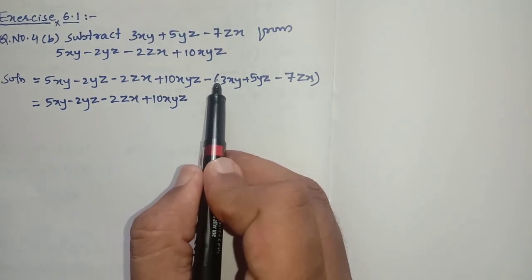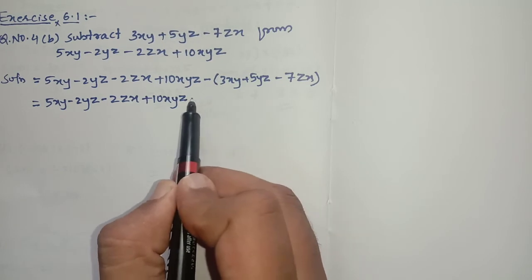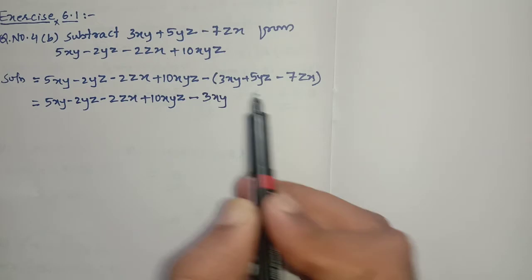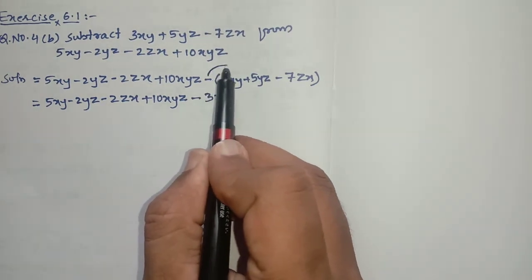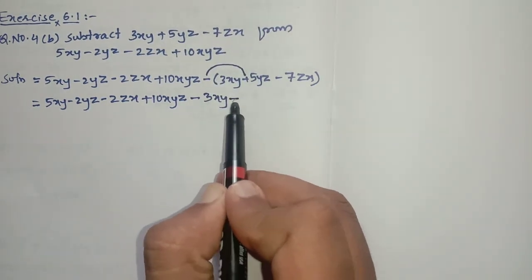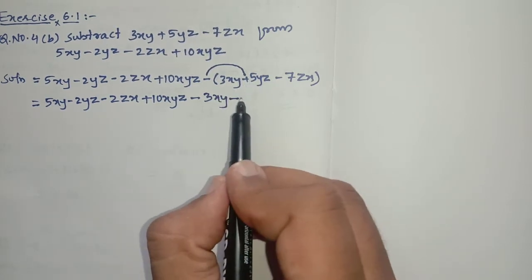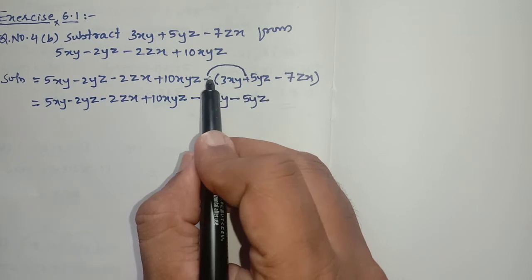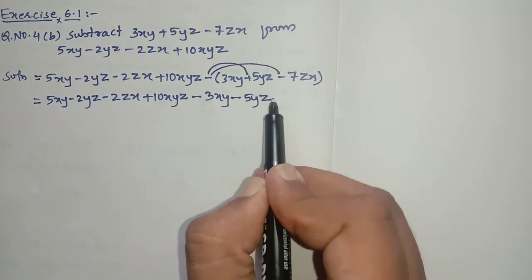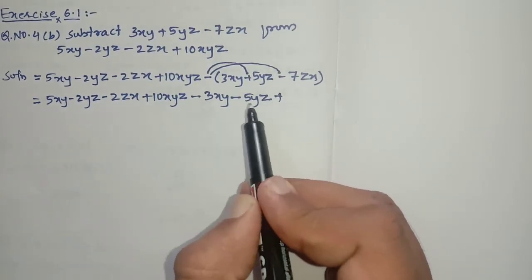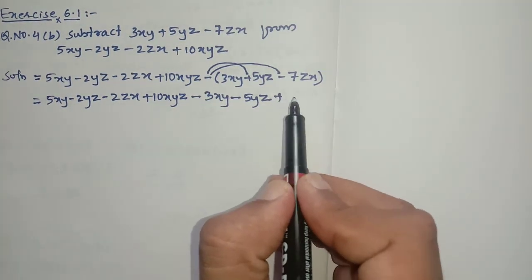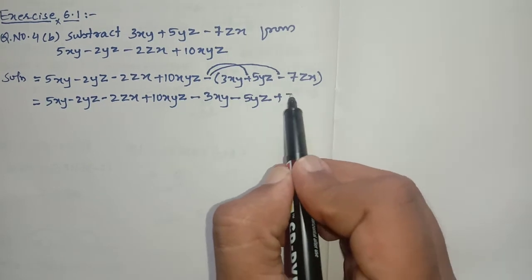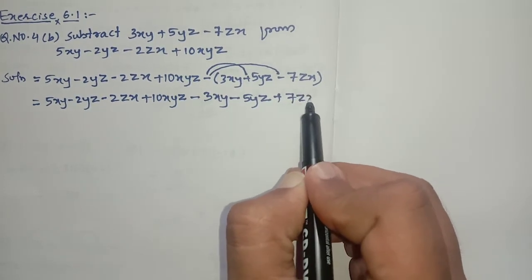Minus into the sign plus is minus 3xy, then minus into again plus is minus 5yz, then this minus into minus will be plus, student. Keep in mind, multiplication of same sign is plus and multiplication of different sign is minus. Here it will be 7zx.